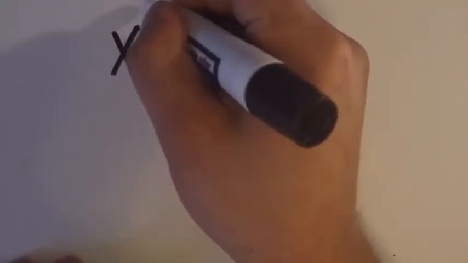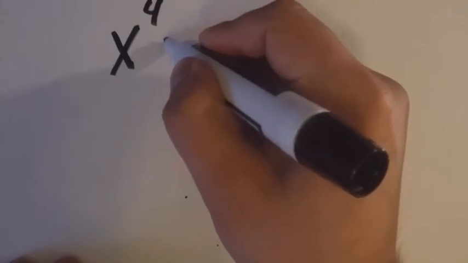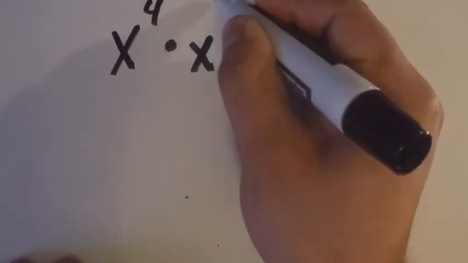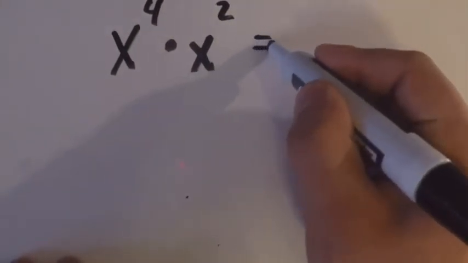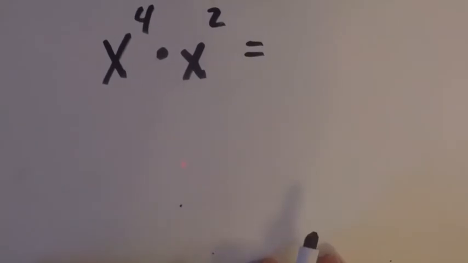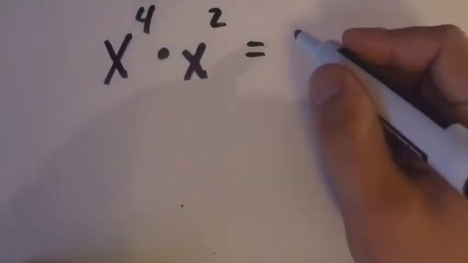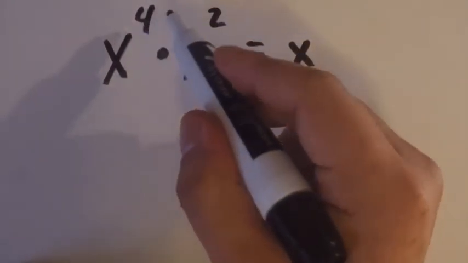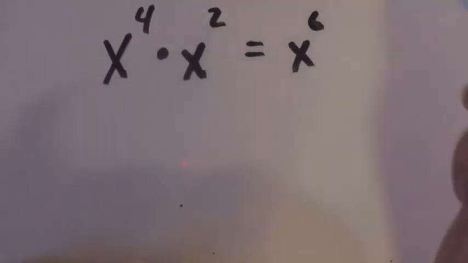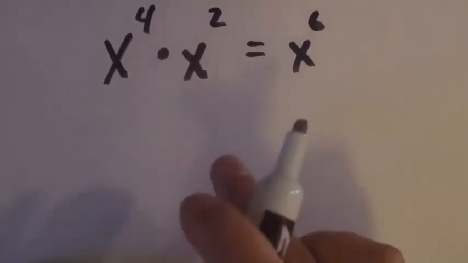When multiplying exponential expressions, like x to the fourth times x squared, we add our exponents, so x, and then we say 4 plus 2 is to the sixth. This does not change if we have negative exponents either.